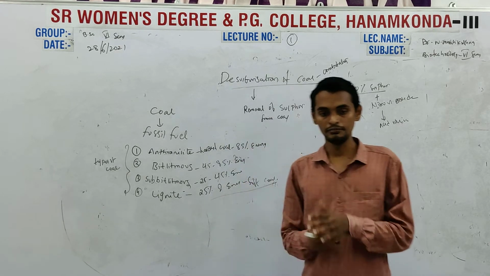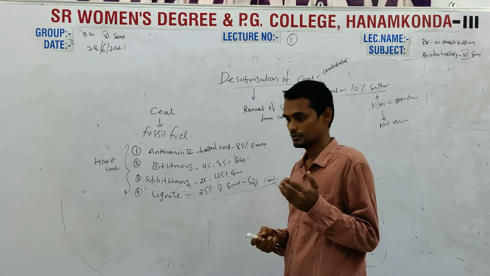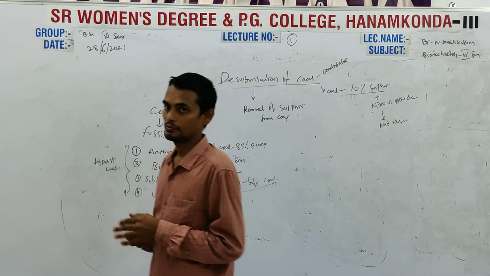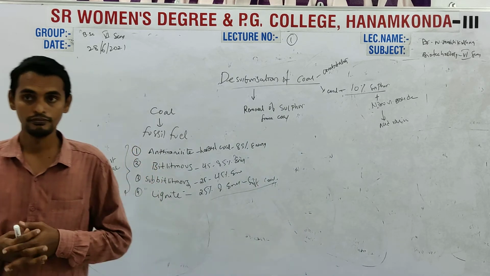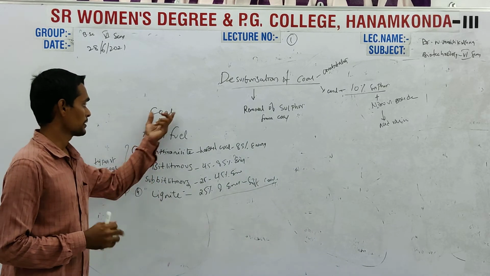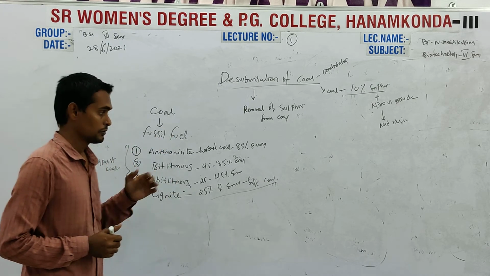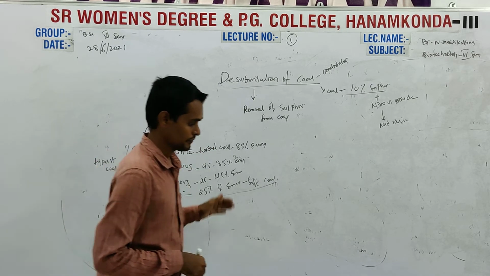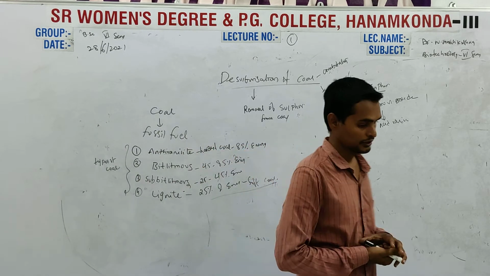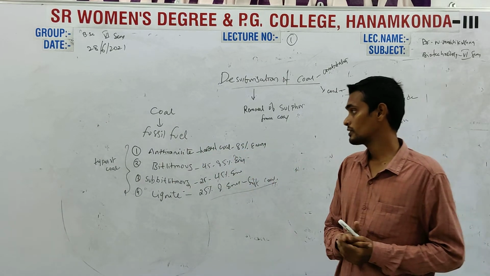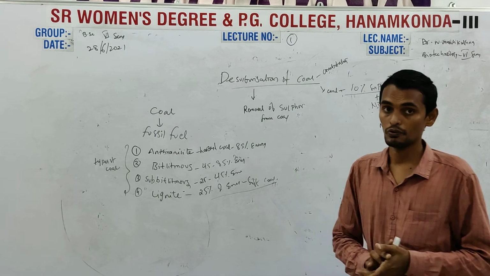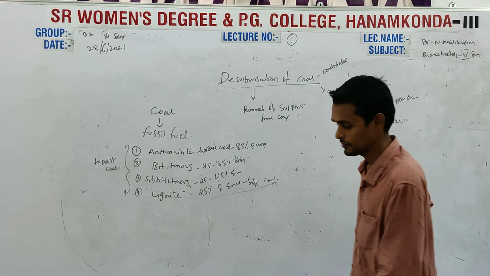So based upon the energy the coal gives when it undergoes combustion, coals are divided into 4 categories. One is anthracite coal, the toughest coal, which produces 85% of energy.